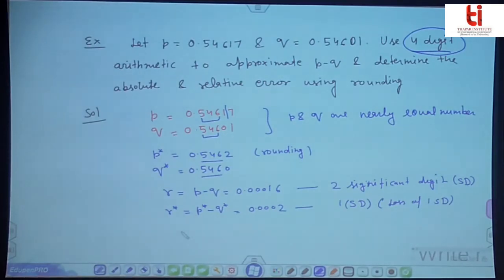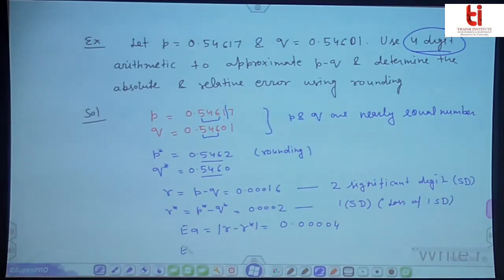Let us compute the value of absolute error, that is R minus R star. That is coming out to be 0.16 minus 0.0002, it is 0.00004.